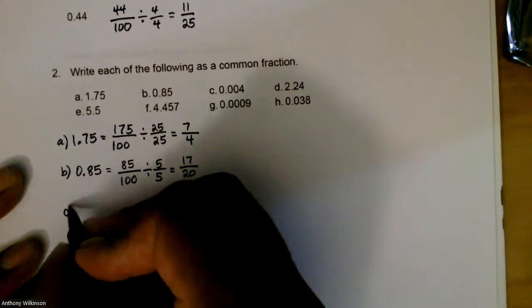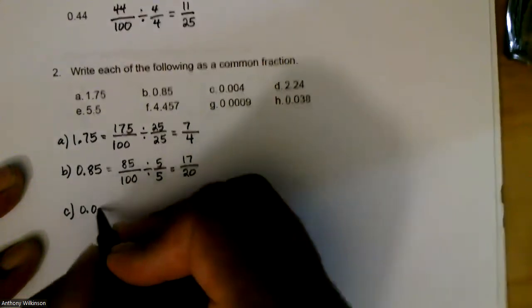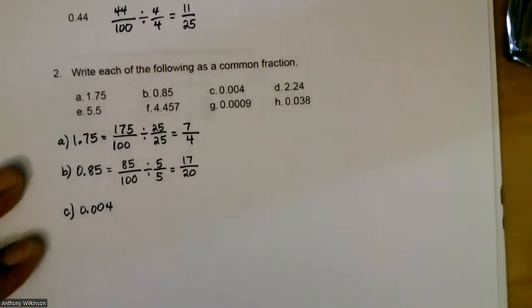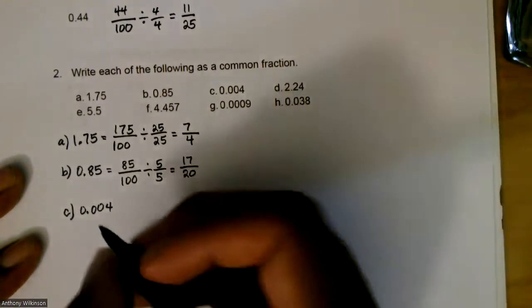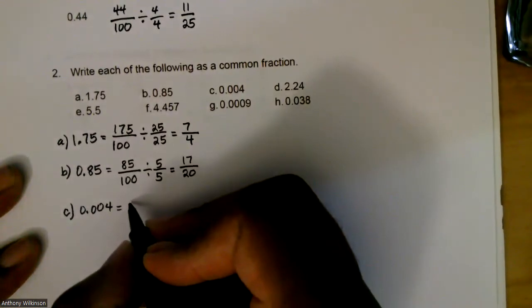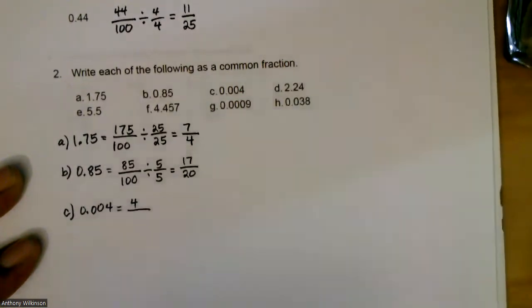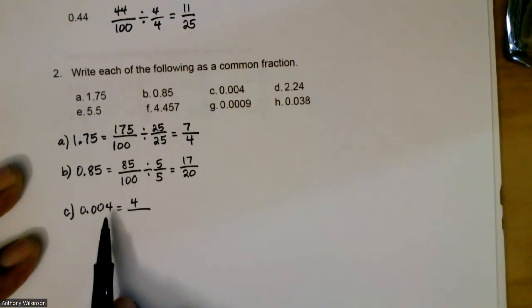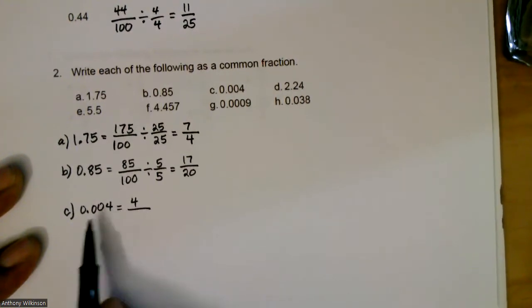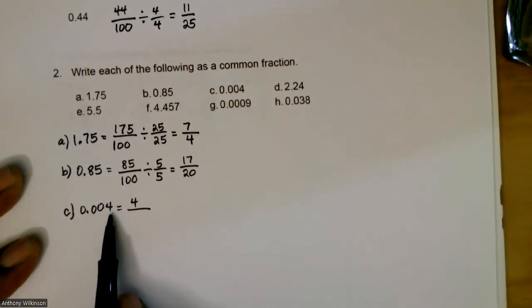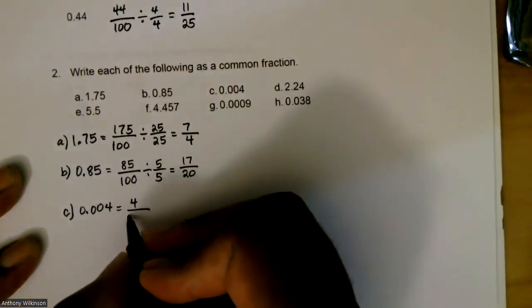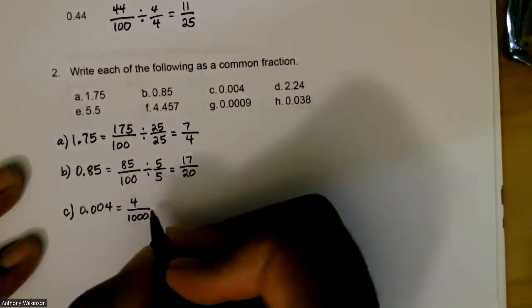Part C, 0.004. Well, the only non-zero number that we see is the 4, so that goes in the numerator. That 4 is the third digit after the decimal point. Here you got tenths, hundredths, and then thousandths. So that denominator will have to be 1,000.